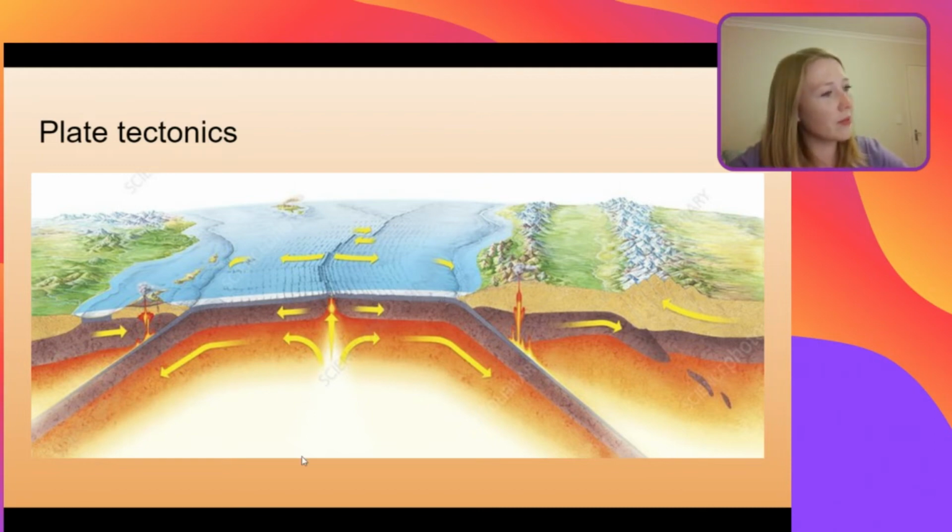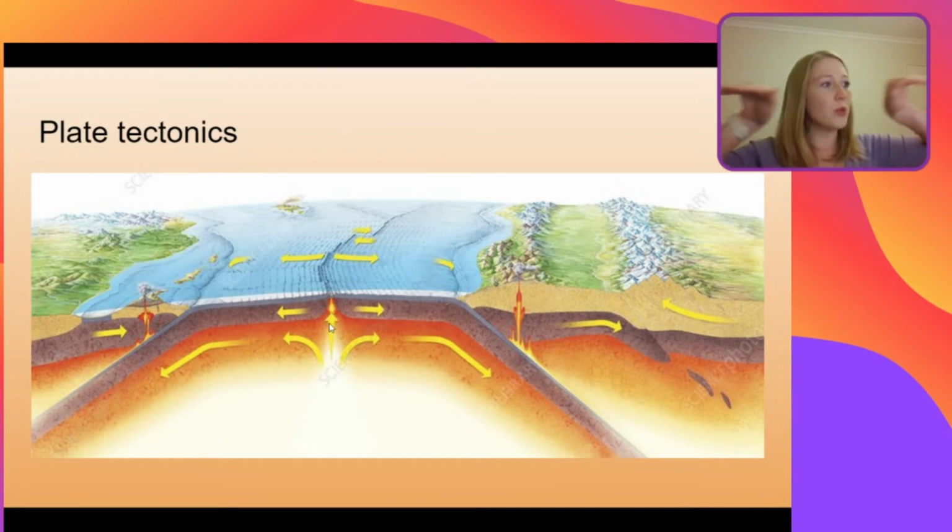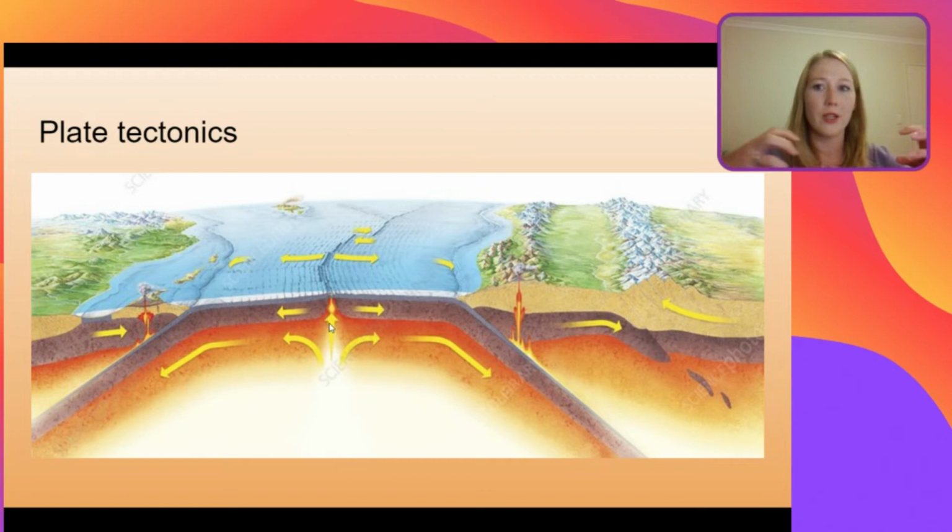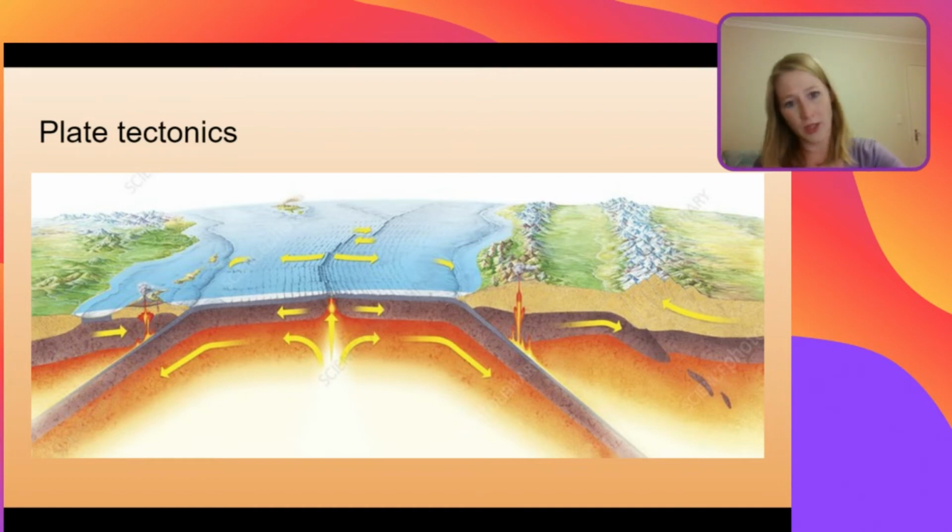So what is happening is the rising of the warmer, lighter magma reaches the crust, and it's actually pushing its way through the crust. As it pushes through and diverges and moves in that direction, it's a very slow but very powerful movement, which means it can drag the crust with it.